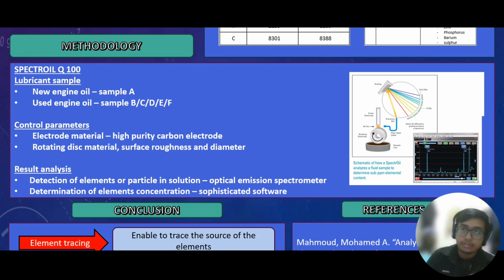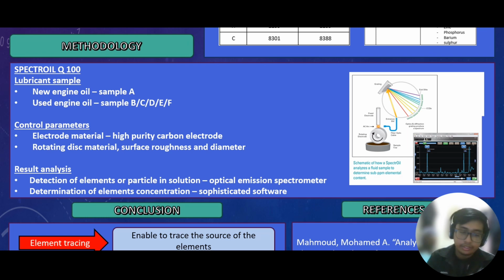After using the Spectro Q100 machine, we can analyze the result. We can detect the elements of particles in the solution by using the optical emission spectrometer, and determine element concentration using the sophisticated software integrated with the Spectro Q100 machine.